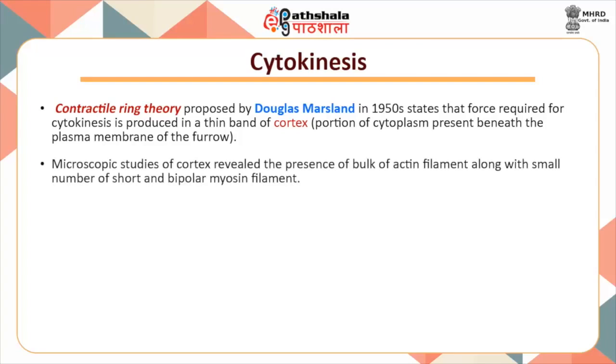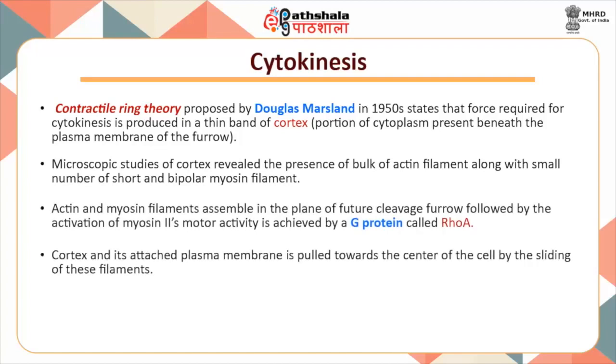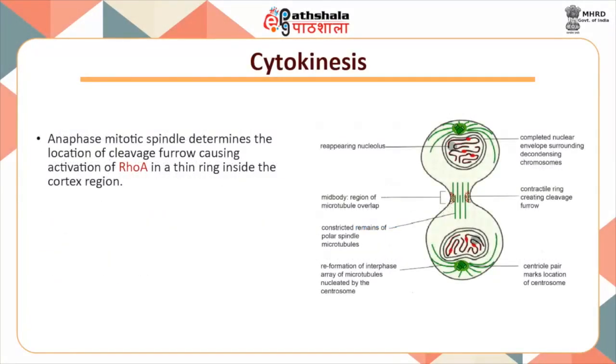Microscopic studies of the cortex revealed the presence of a bulk of actin filaments along with a small number of short, bipolar myosin filaments. The location of the cleavage furrow is determined by the anaphase mitotic spindle by activation of RhoA in a thin ring inside the cortex region.